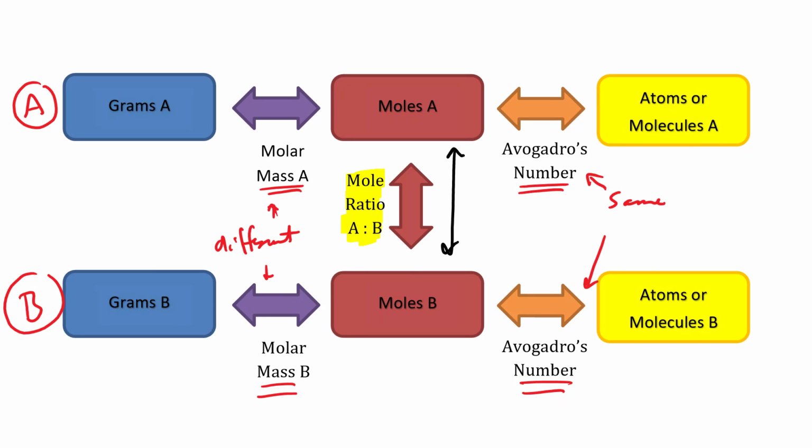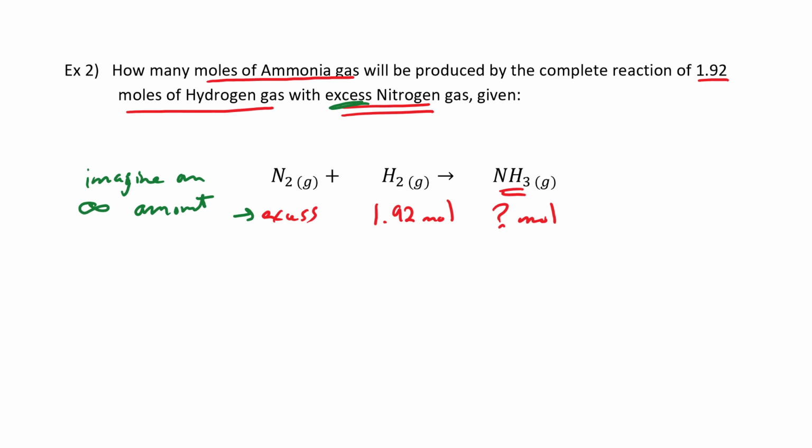We're going to go from moles of hydrogen to moles of ammonia. I only need to do one step. I just need to move across my mole bridge that way. So my plan is to go from moles of this to moles of that.